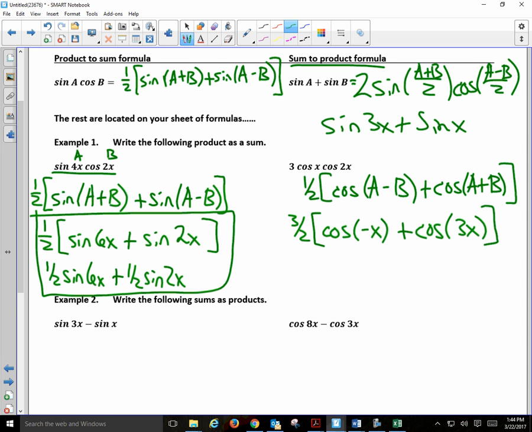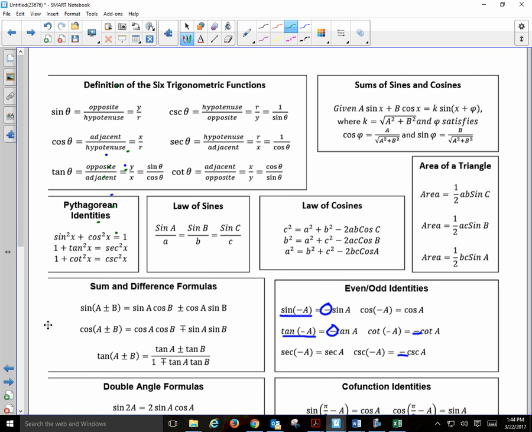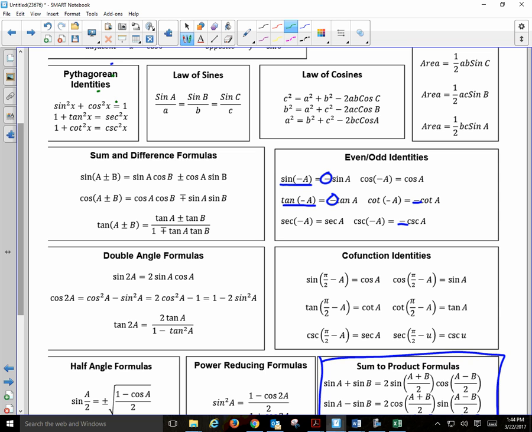Do you remember what we do when we have cosine of a negative angle? You don't remember this stuff? Oh, boys and girls, right here, you're even odd identities. Remember, sine of a negative, you put the negative out front. Tangent of a negative, negative goes up front. But if you get secant or cosine, the negative just goes away.